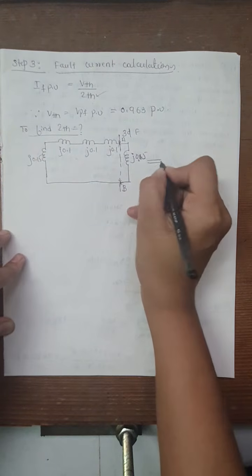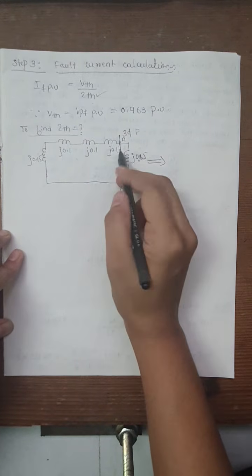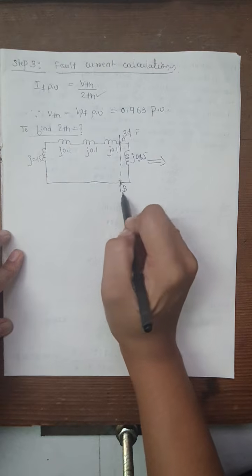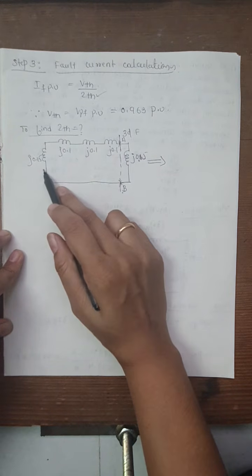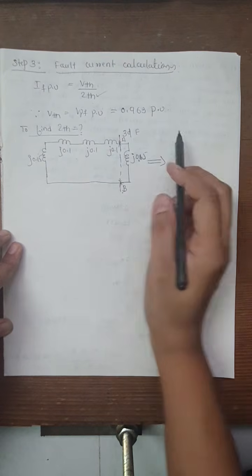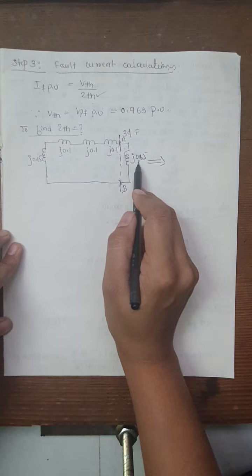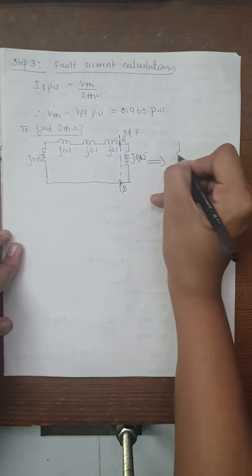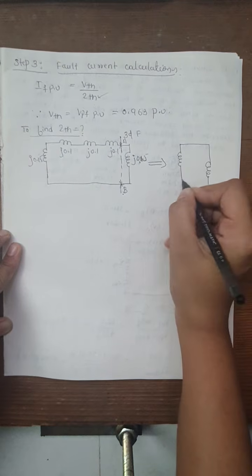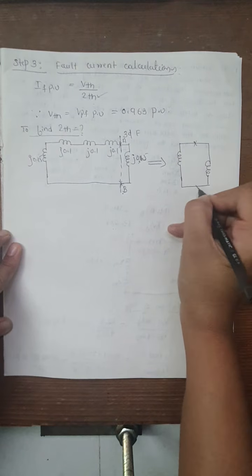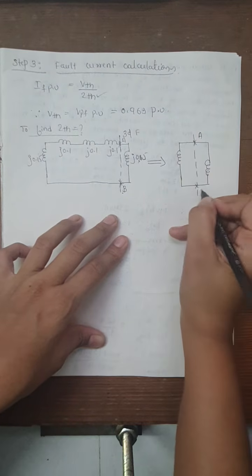So how do you simplify this into simplified form? You know that where the fault has occurred, the network is divided into 2 networks. So all the reactances are connected in series here, and these reactances will be in parallel with the reactance of the motor. So same way I'll write. So this is the fault point AB.